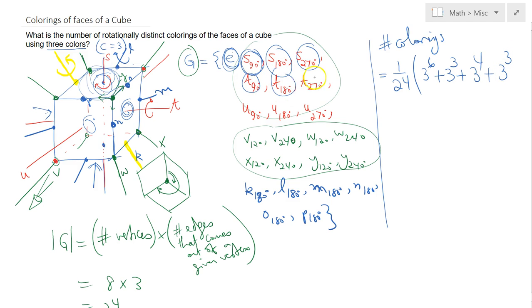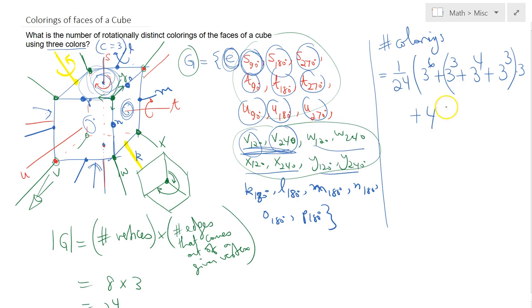But then the others are just a replication of these, so all I do is multiply it by 3, plus. Now let's go to the other business, the space diagonal. If we have the 2 of these, then we can simply multiply it by 4. So let's do the space diagonal rotated by 120 degrees.